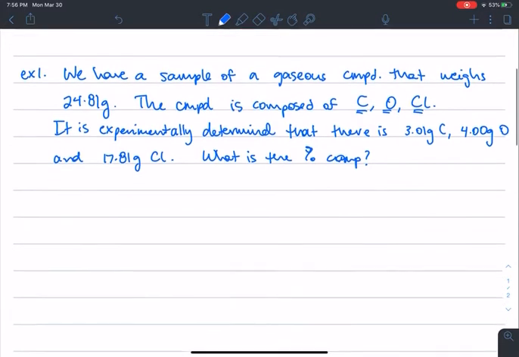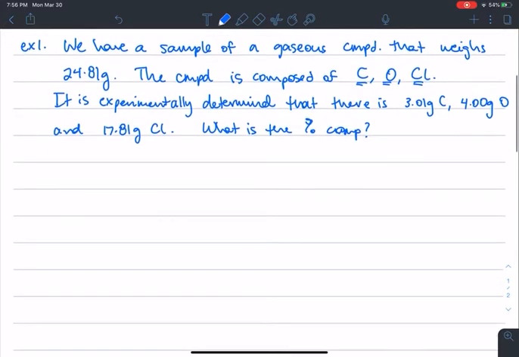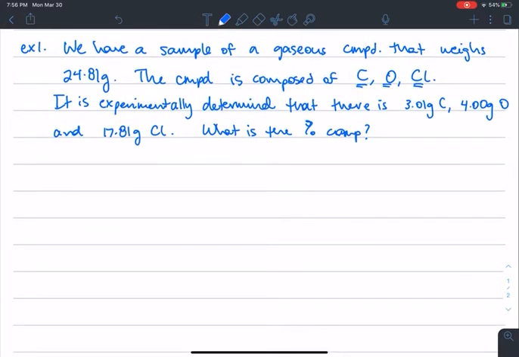What's tricky about this question maybe is that it seems like there's a lot of information. So what do we do, and what is the information really telling us? The first and most important thing is that the question tells us we have 24.81 grams of the compound.